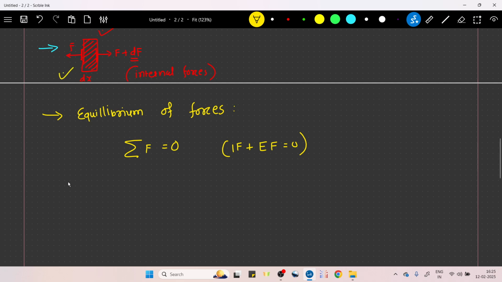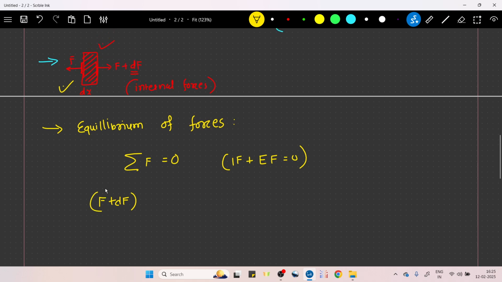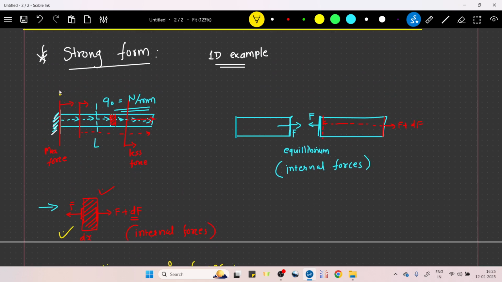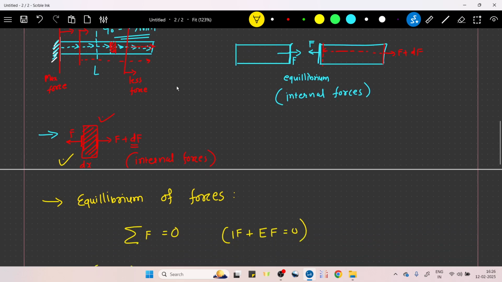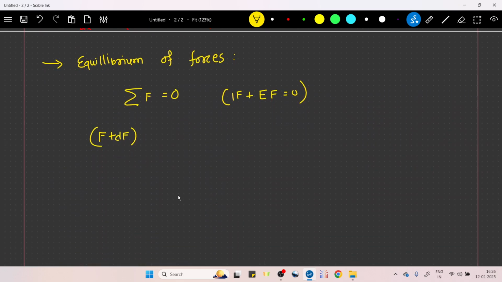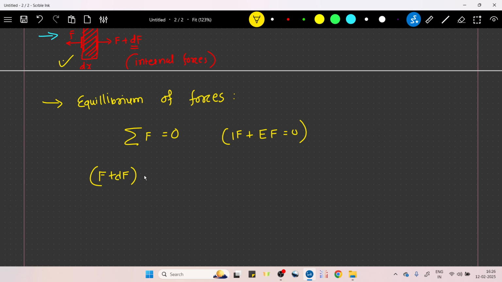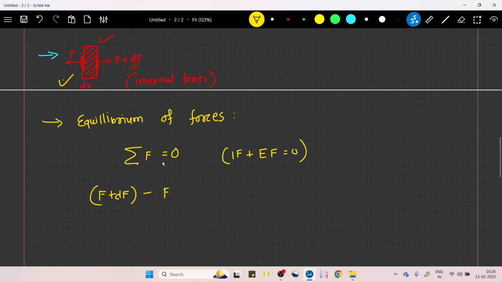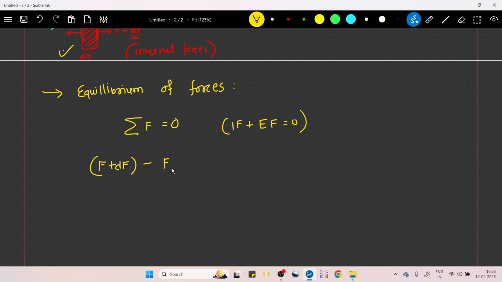So let's write for this section. So internal forces are nothing but F plus dF. I will just say this is the x coordinate. This is x equal to 0, and this is x equal to L. So the right hand side is the positive direction. So F plus dF minus, because the negative F is opposite to F plus dF, so F plus dF minus F, this is the internal force. Now plus external force.